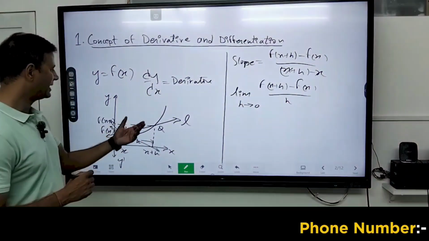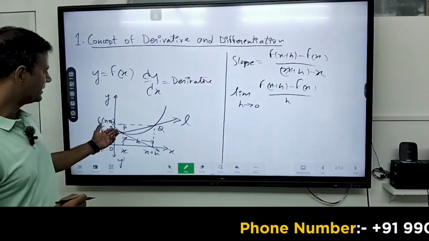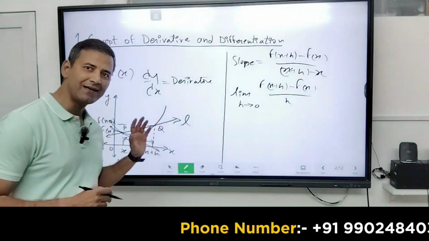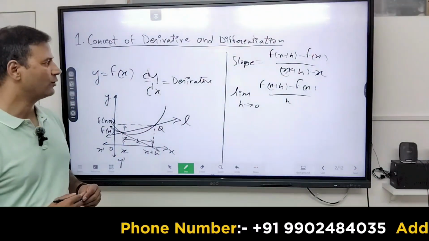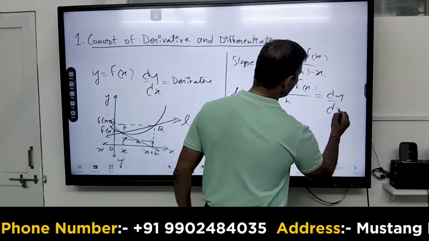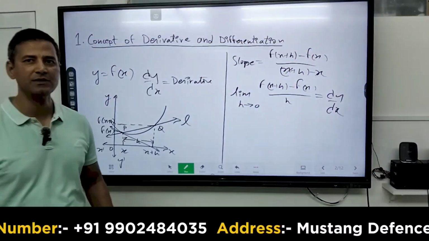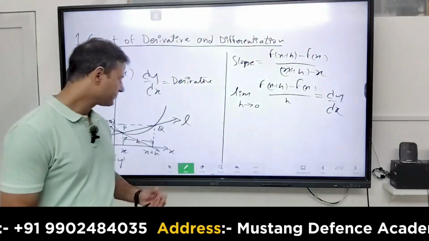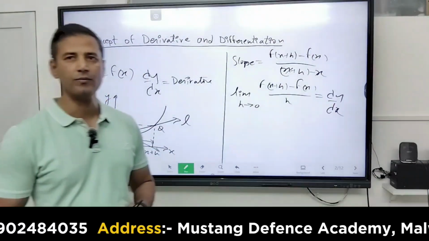So the derivative is nothing but the slope of the curve at that particular point. This is also known as dy by dx. This is called the first principle of derivative. Now graphically I've told you.